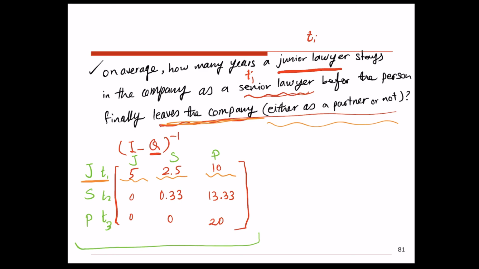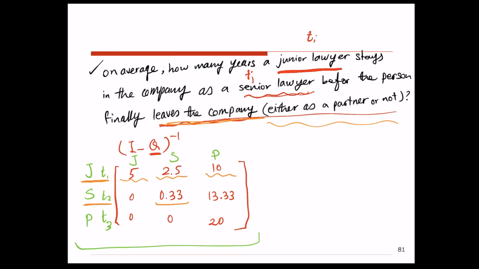What does the second row mean? If I start as a senior lawyer in this company, or if right now I'm a senior lawyer in this company, I will spend on average 0.33 year as a senior lawyer before I finally leave this system, leave this company as partner or non-partner.